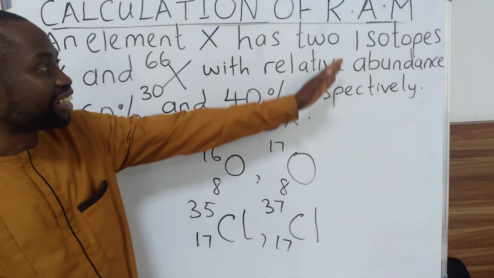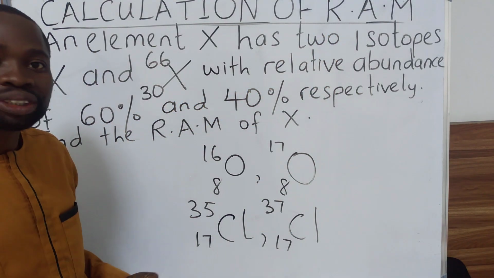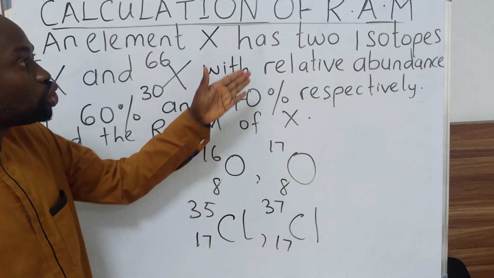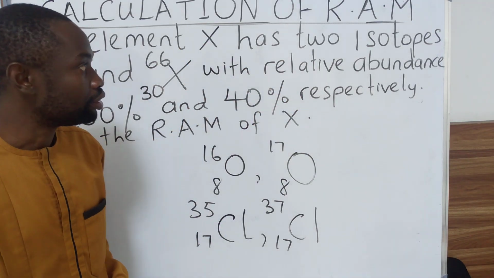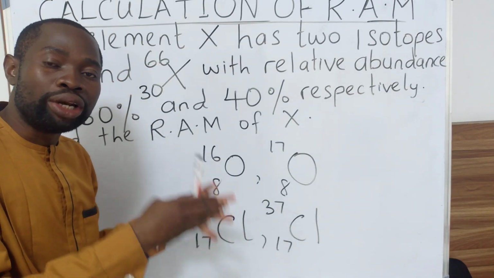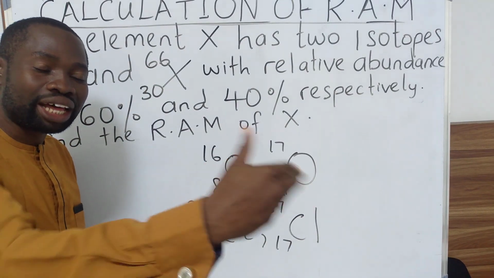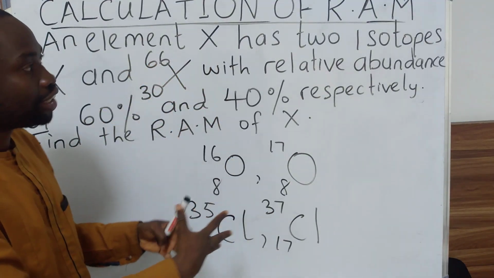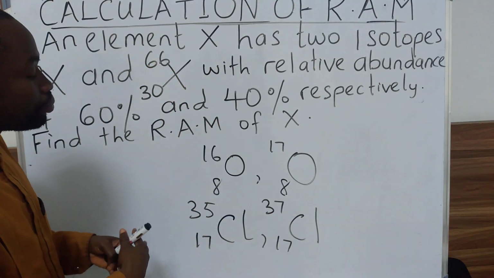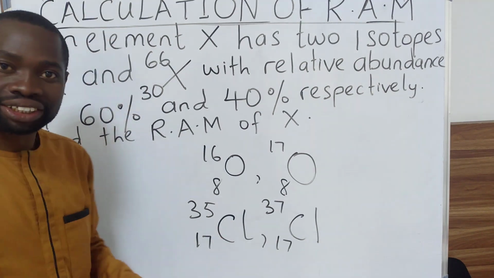Relative atomic mass is an important concept in chemistry that we use in calculations. This is what we use to calculate relative molecular mass of compounds. We are going to learn that one later. So let us learn how to calculate the relative atomic masses of elements.